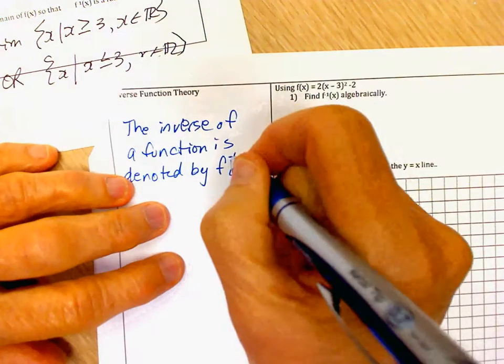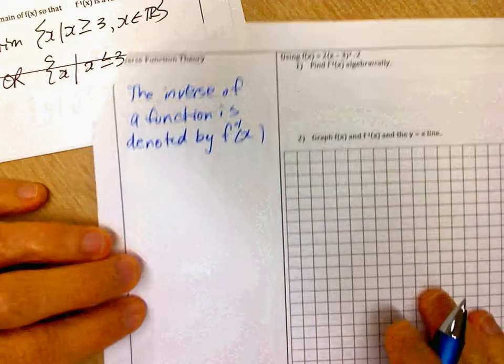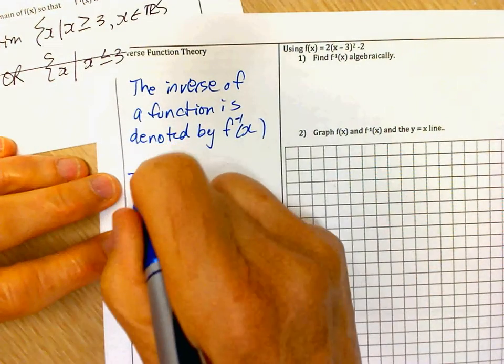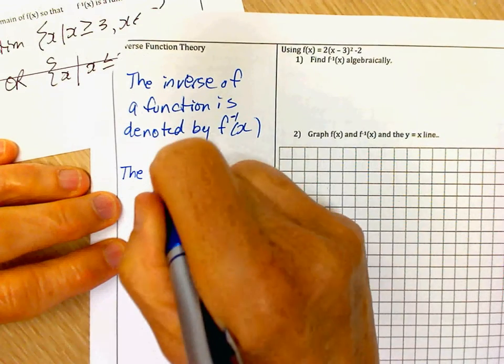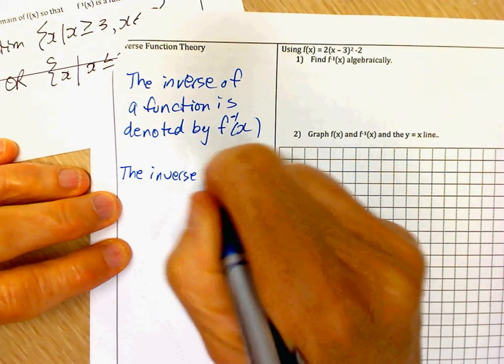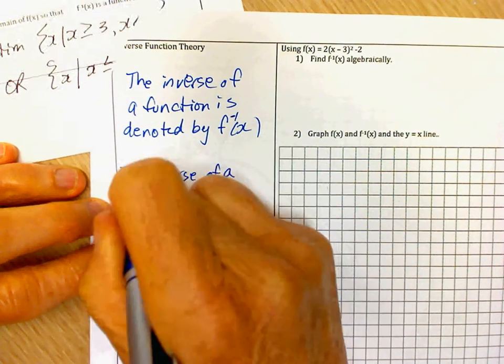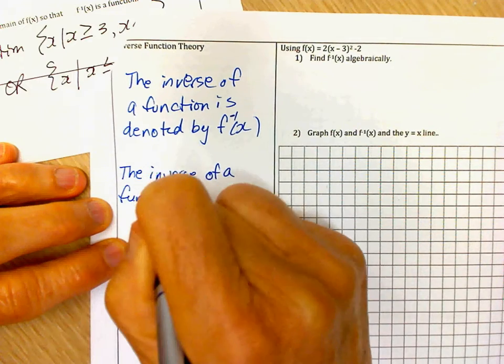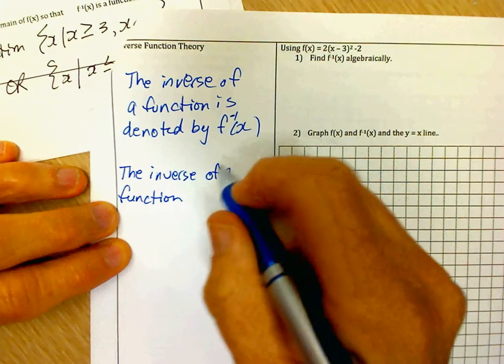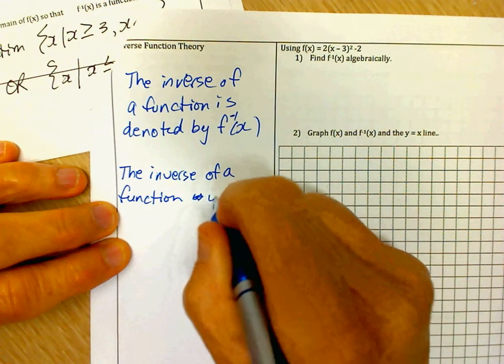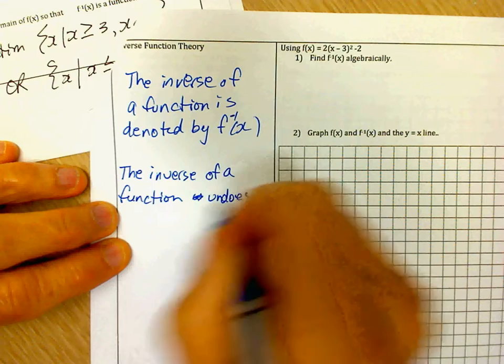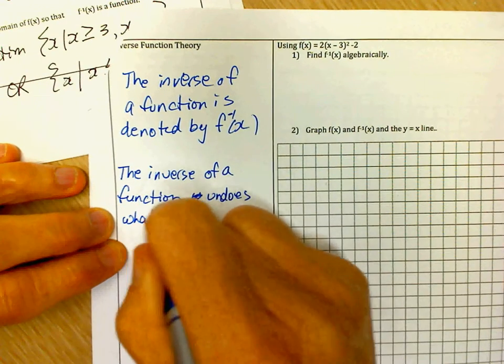Basically, the inverse of a function undoes what the original function does.